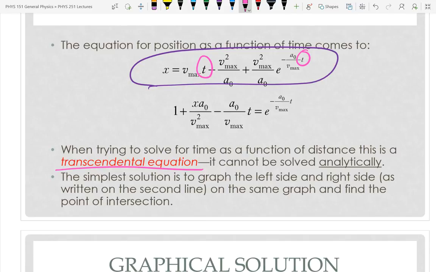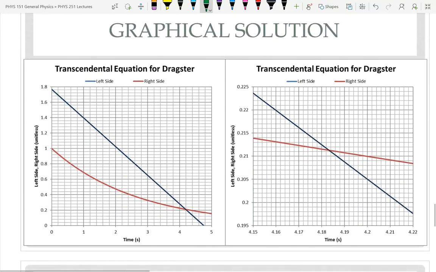And so the standard thing to do is to break it into two functions. This function here is a function of time, and this function here is a function of time. And then you can plot them, or I put them in a spreadsheet if I want to get the answer real accurately, one against the other. That is, you have a graph that shows the left side and the right side.